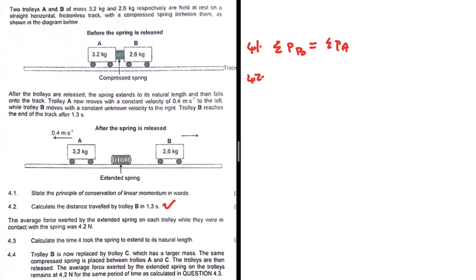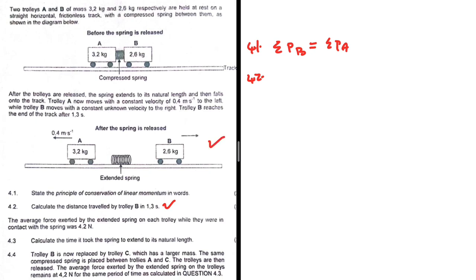But let's take a look at our question statement and see what is going on. Two trolleys A and B of mass 3.2 kg and 2.6 kg respectively are held at rest on a straight horizontal frictionless track with a compressed spring between them, as shown in the diagram below. Here is before the spring is released, and here is after.